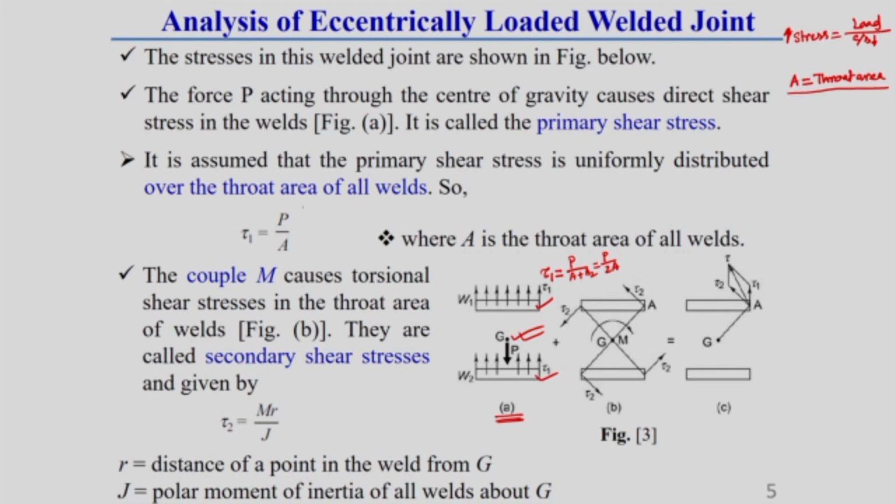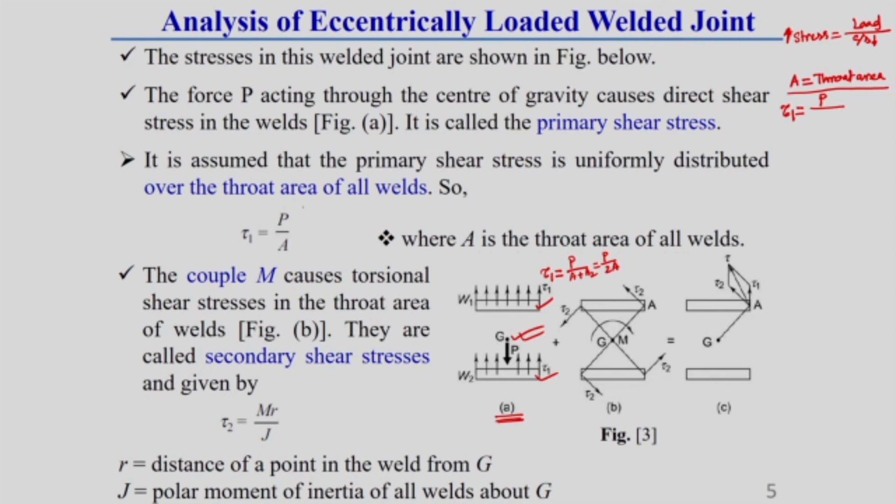So, tau 1 is the primary shear stress. What is the primary shear stress? It is equal to the externally applied load P divided by the cross sectional area of all the welds.